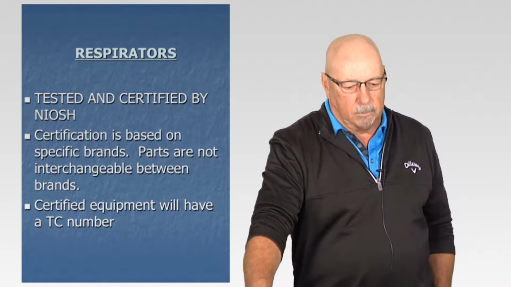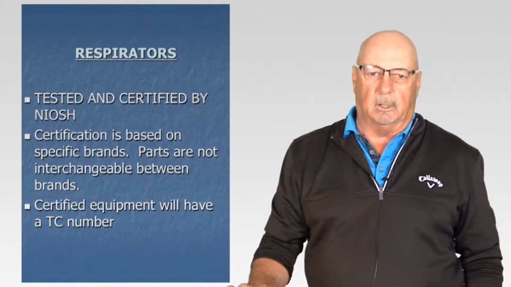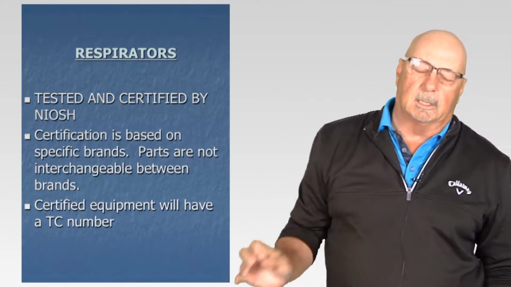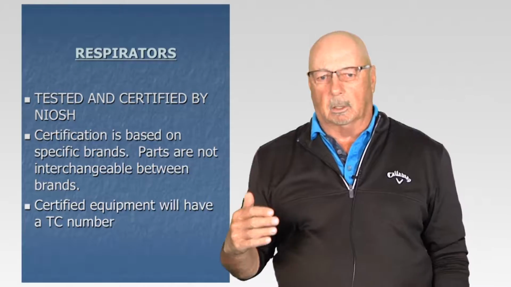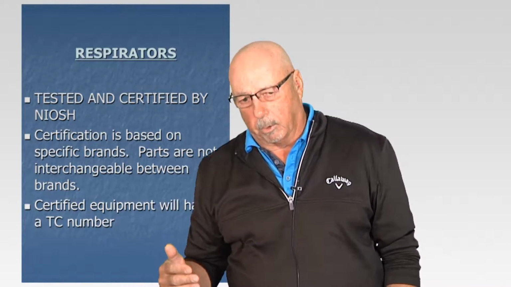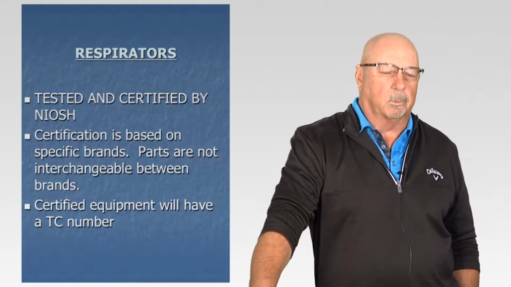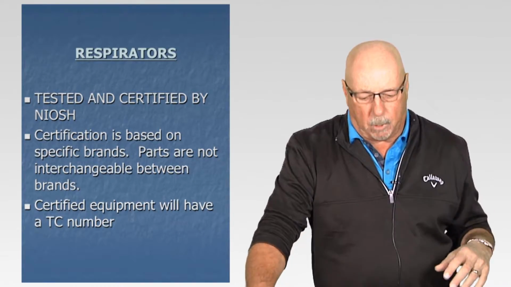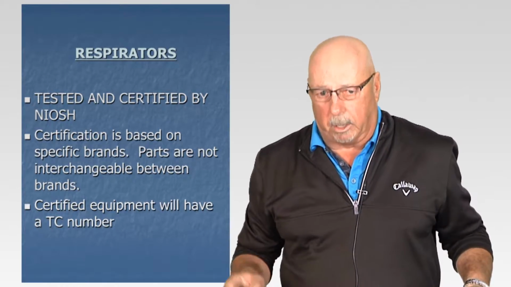And when NIOSH conducts its certification and testing, they'll conduct it on a specific type, a brand of respirator, and all the parts that go along with that particular brand of respirator. When we look at the components of a respirator, we're going to see that they'll have cartridges and harnesses and everything that go with the respirator.